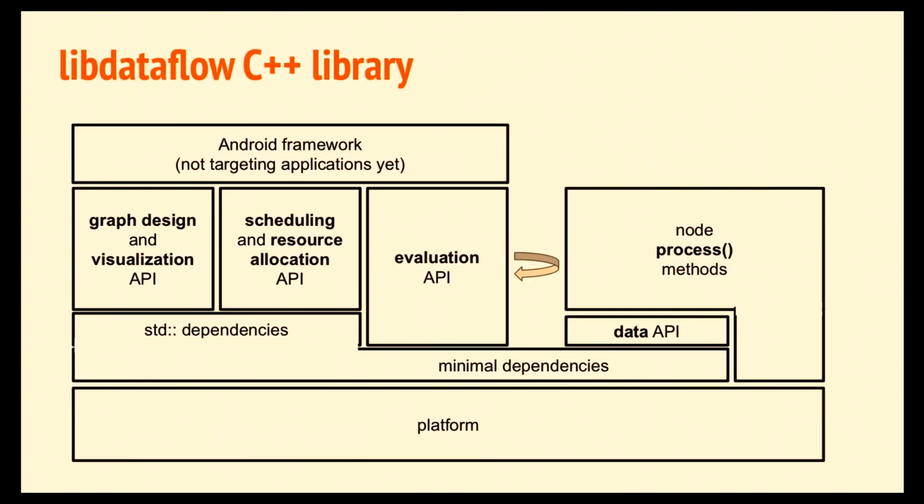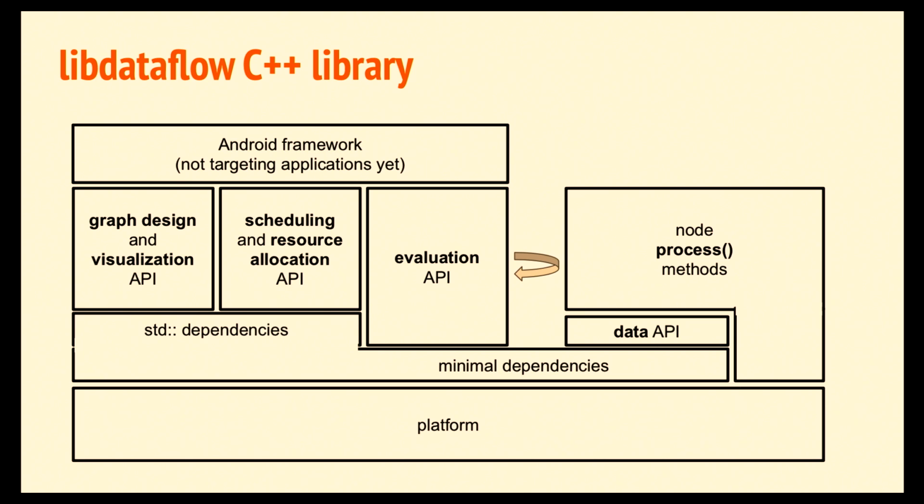I want to show you a little bit about what that looks like. Our library, we want it to be real time, and yet there are parts of what you need to do with graph building that require memory allocation, that might require I/O or other services that are not possible in a real-time environment. So what we did was we took the library, we partitioned it into different APIs.